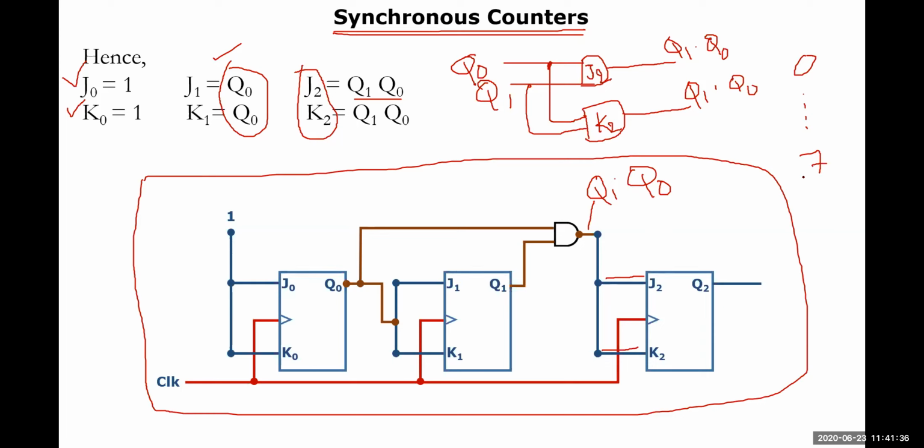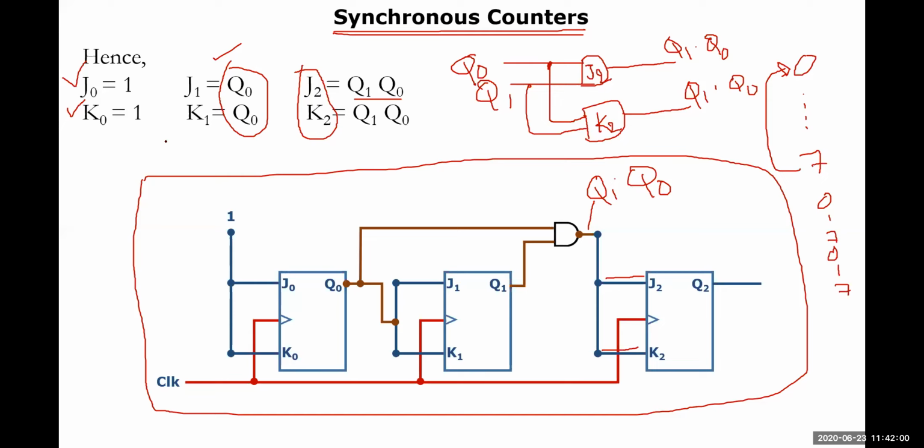When 7 is reached, it immediately goes back to 0. Okay, 0 to 7 followed by 0 to 7, 0 to 7, and so on and so forth. When it reaches 7, the count is redirected to 0 again. In this way, this counter is built.